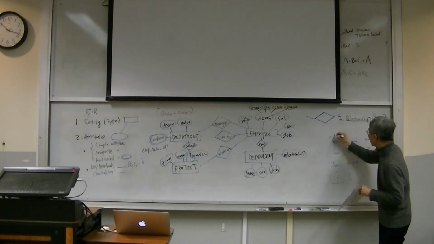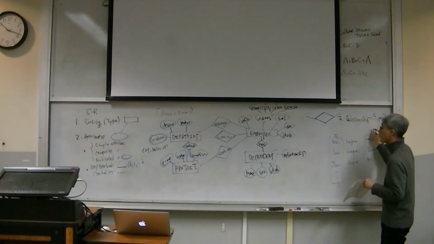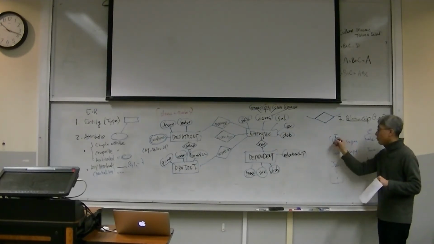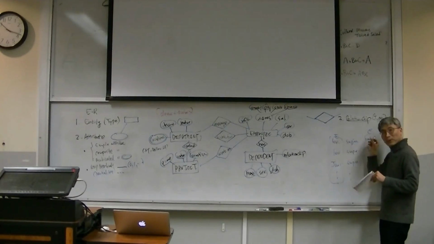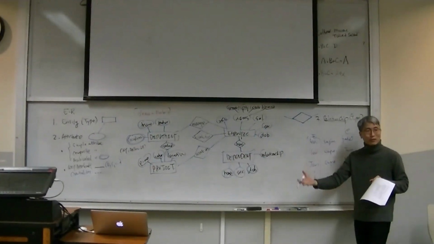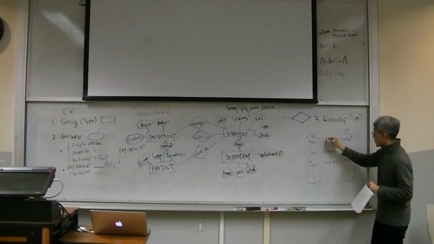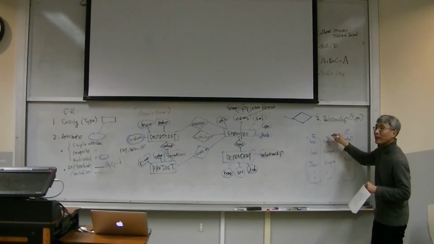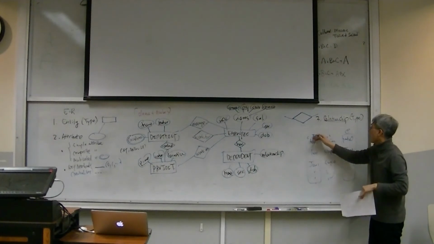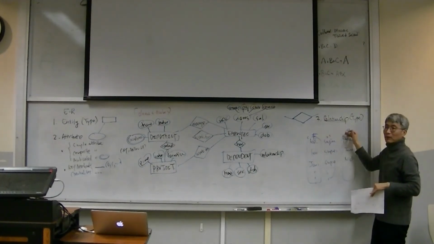Employee supervises employee. It's a relationship, but from employee to employee. It's the same entity. It is also possible. When you find a relationship, that relationship is between two entities, but there can be the same entity.